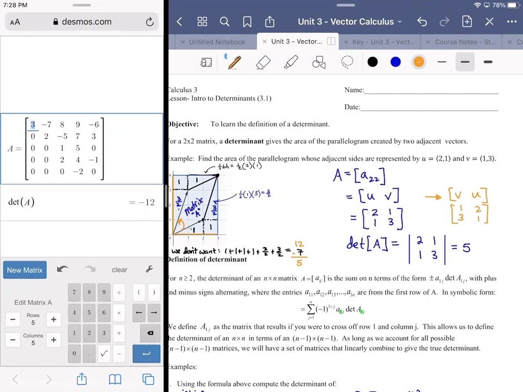So this determinant, 1 minus 6, -5, would give us the same absolute value, just with a different sign. All right. So that negative is only suggesting direction, from one vector to another.